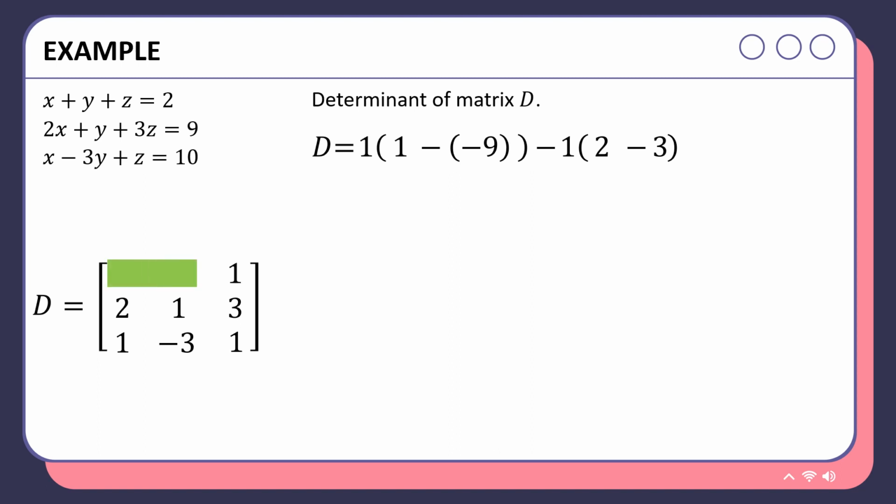We cover 1 and 1 and 3 and 1. Plus, we copy 1 times 2 times -3 is equal to -6 minus 1 times 1 is equal to +1.